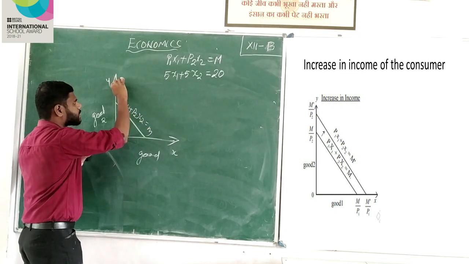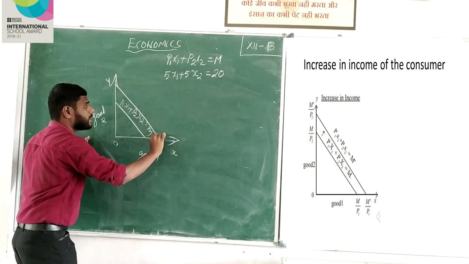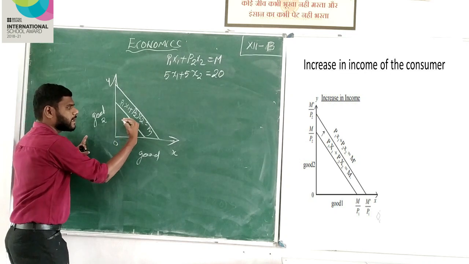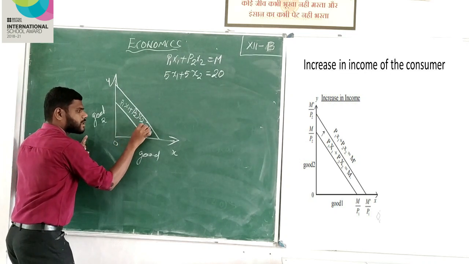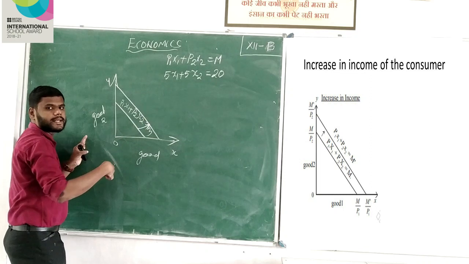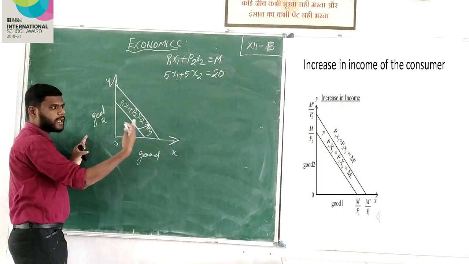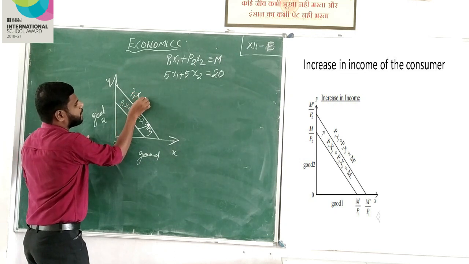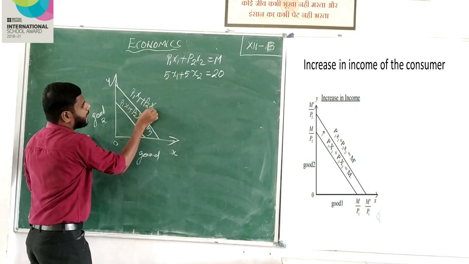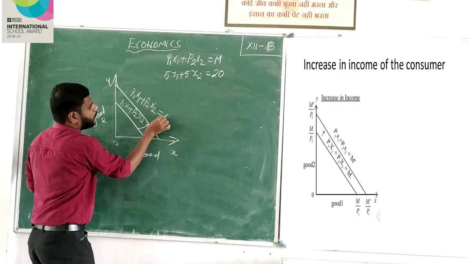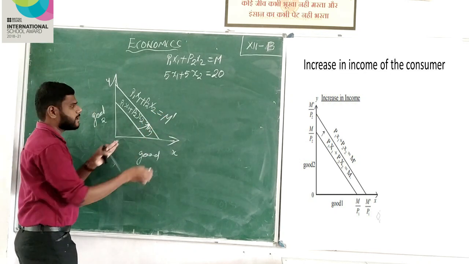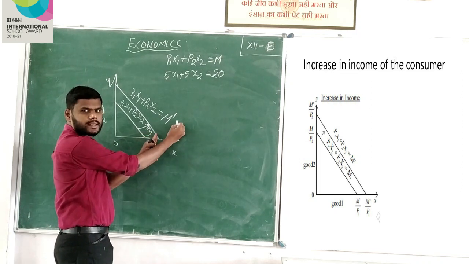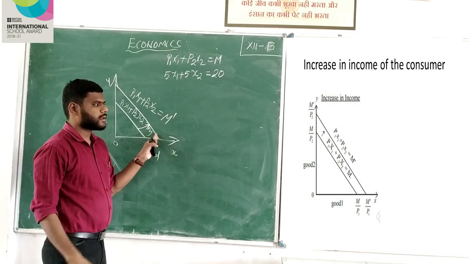If the income of the consumer increases, this budget line shifts outward, a parallel shift to the right, that is P1 x1 plus P2 x2 is equal to m dash. That is, income changed from m to m dash. Which one is changed? Income is changed.